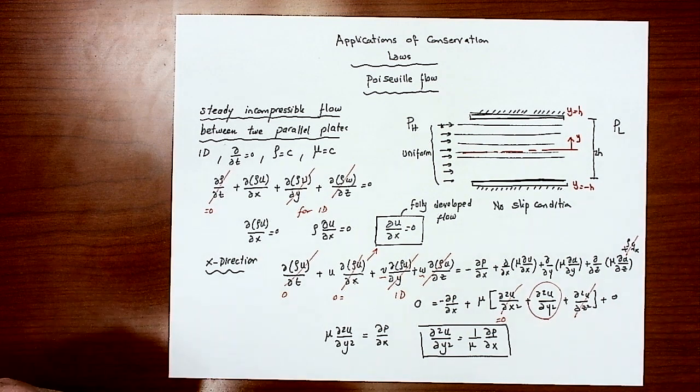That's what we meant. So this is the equation I need to solve. I have to solve that equation to get u as a function of y. So it's very obvious that we have to do double integration and use boundary conditions to be able to get that velocity distribution.